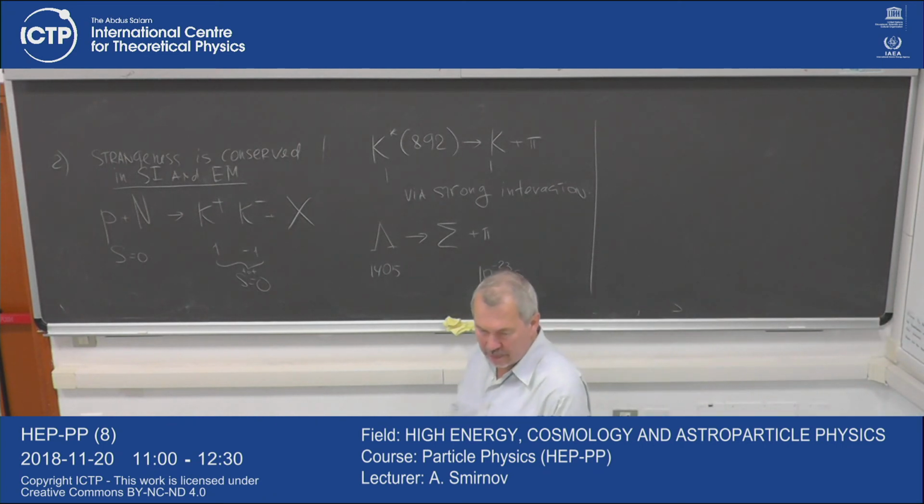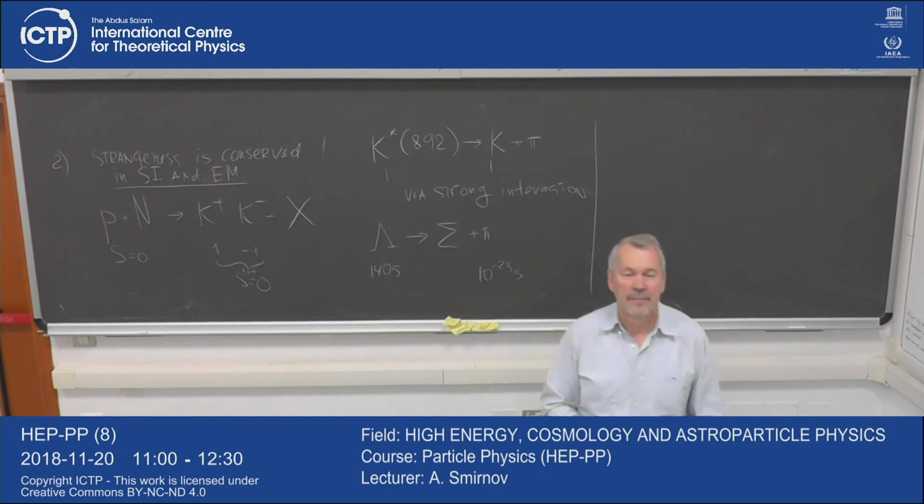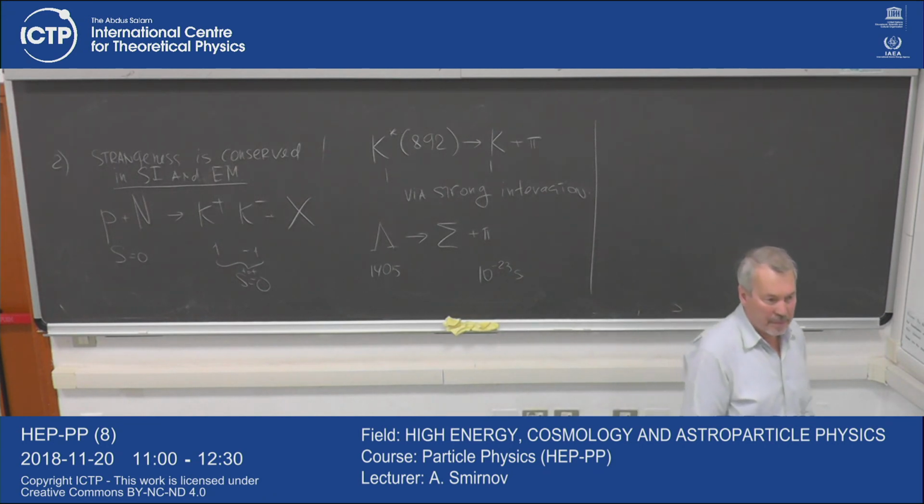All these quantum numbers, strangeness and the others, charm and things like that, are explained by the quark model. So it's a matter of quarks transforming into other quarks in this new model. Well, you see, we are saying that strong interactions respect this quantum number, which means that the strong interactions have a certain symmetry.